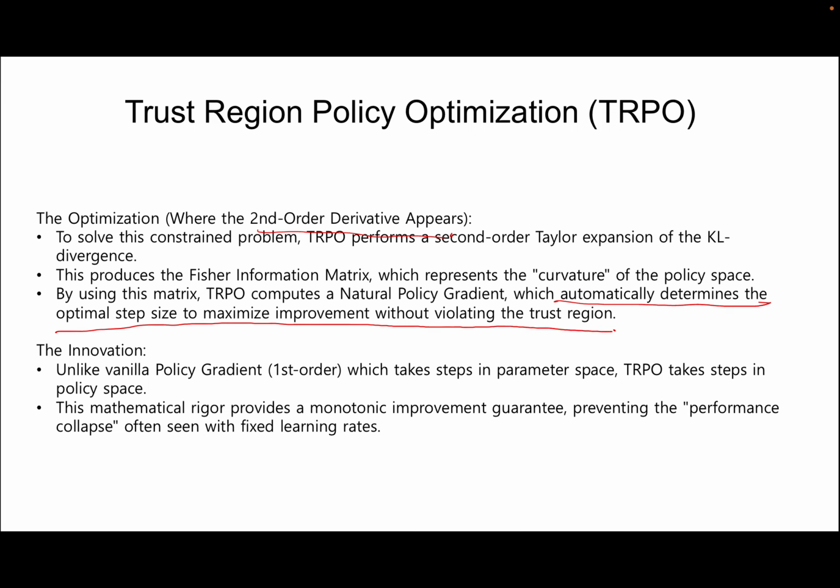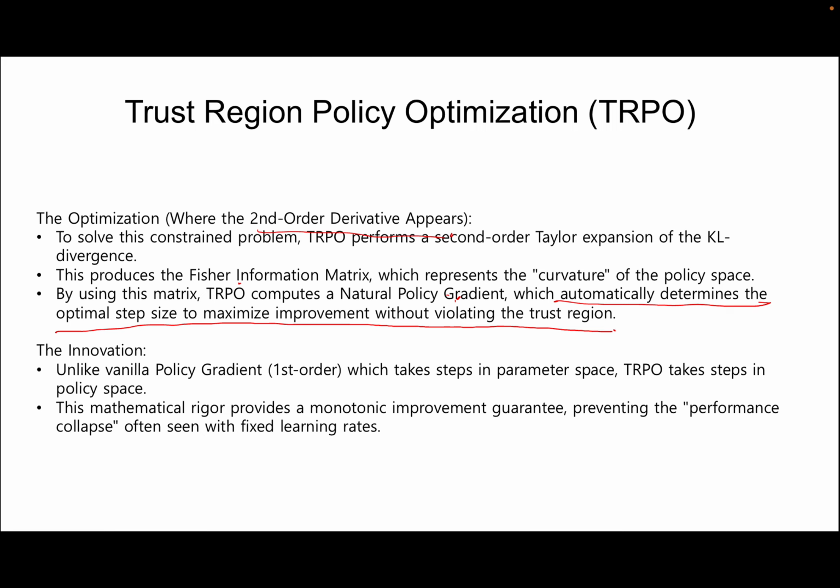There are many difficult things, I know, like the Fisher information matrix and natural policy gradient. You do not have to study this deeply, just get familiar with it. We can use the Fisher information matrix to perform some second order derivative, and the natural policy gradient allows us to automatically determine the optimal step size to maximize improvement without violating the trust region.